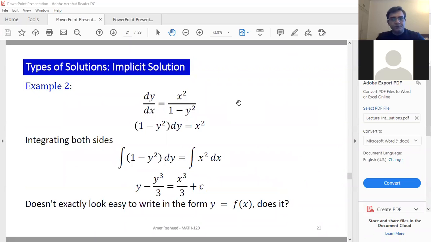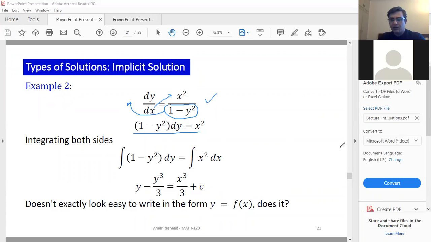Another example of an implicit solution is when we are given a differential equation of this kind, dy by dx is equal to x square over 1 minus y square. We can take this denominator to the left hand side and dx to the right hand side. So we can separate the variables.